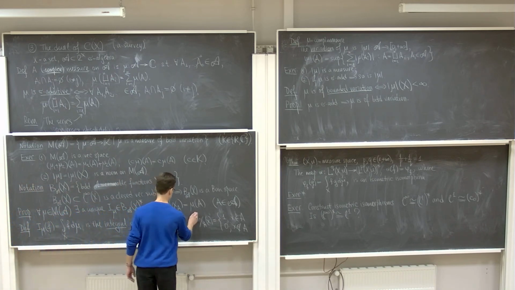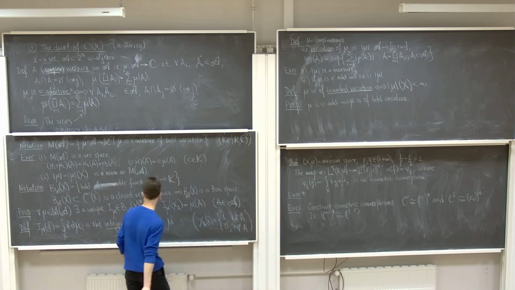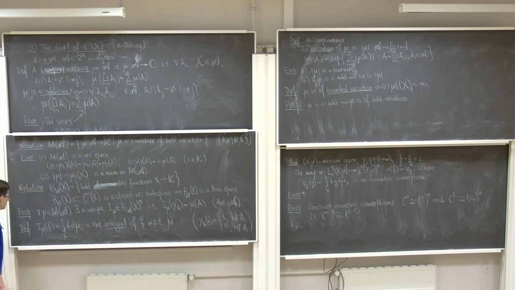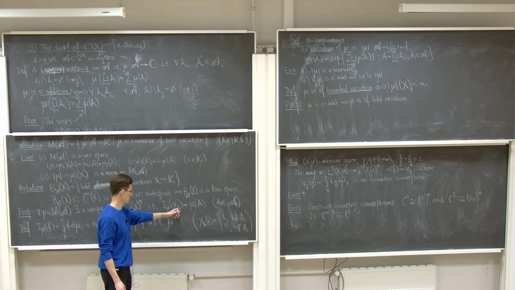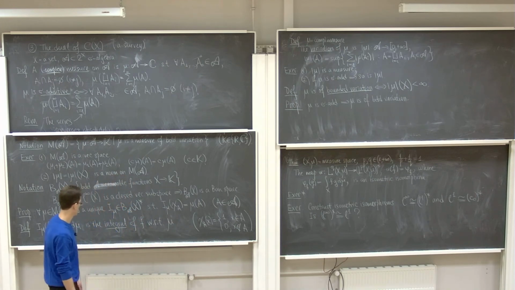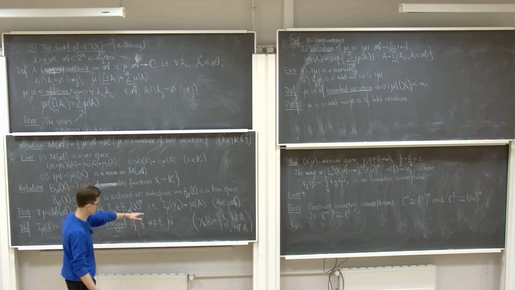The proof of this result is absolutely straightforward. The construction of this functional is more or less the same as in the case of positive measures, as in the case of the usual Lebesgue integral. First of all, we define this functional on the subspace of simple functions, which consists of all finite linear combinations of characteristic functions, just by linearity.